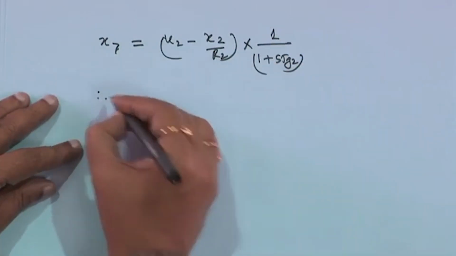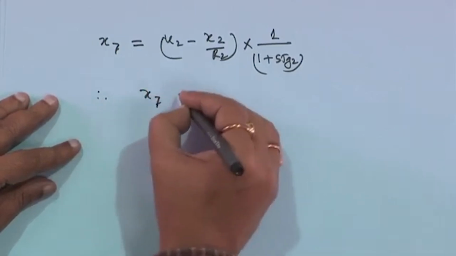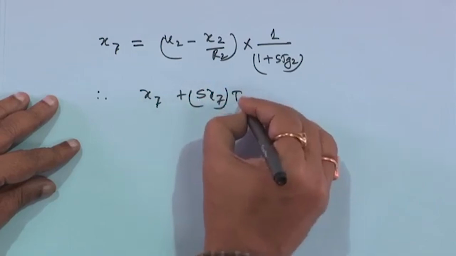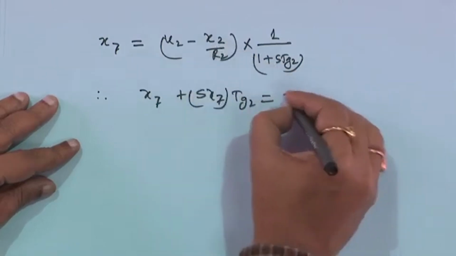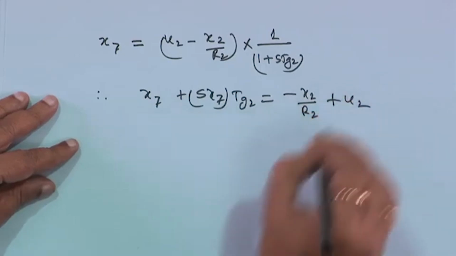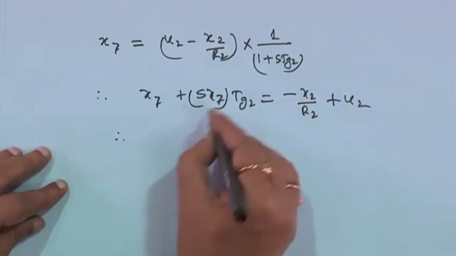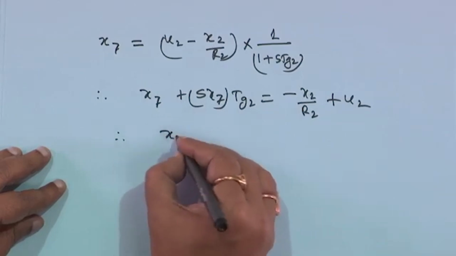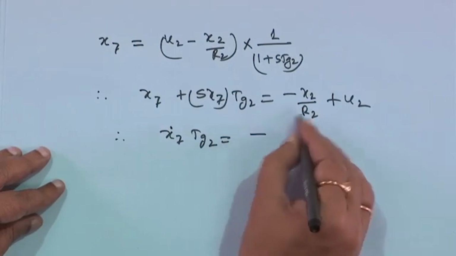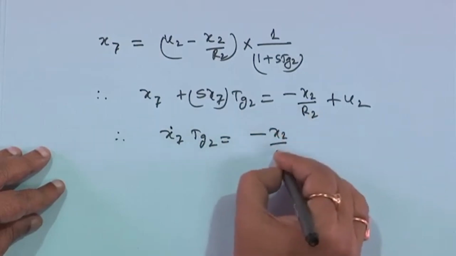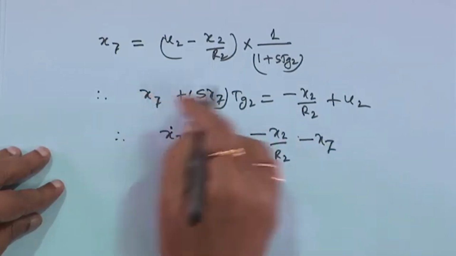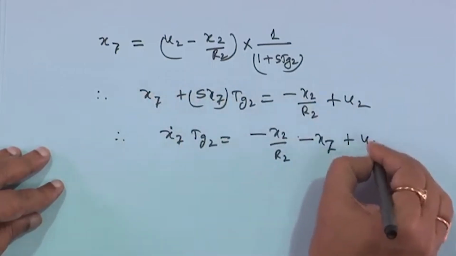Go for cross multiplication: x7 + s·x7·Tg2, writing this one first, = −x2/r2 + u2. Or s·x7, which is x7 dot, times Tg2, equals, writing this first, −x2/r2, then after that −x7, plus u2.